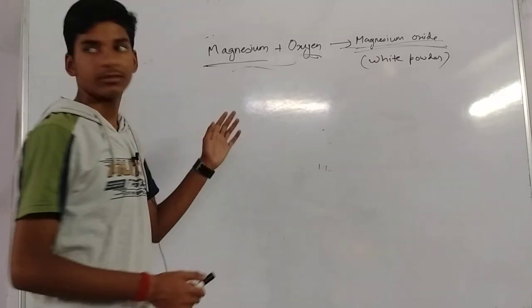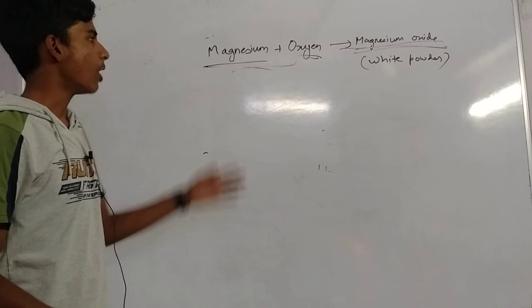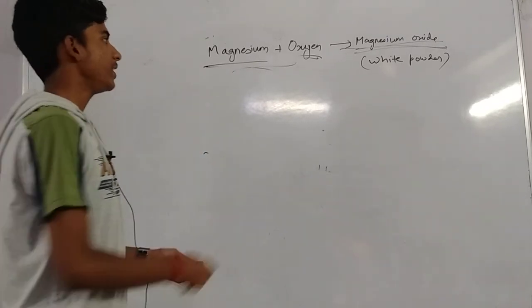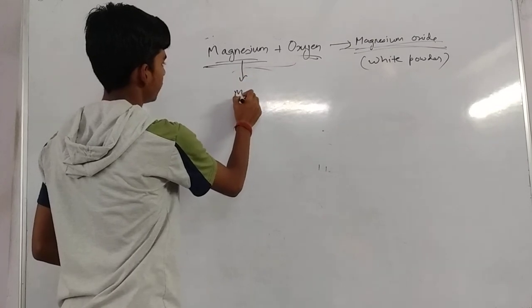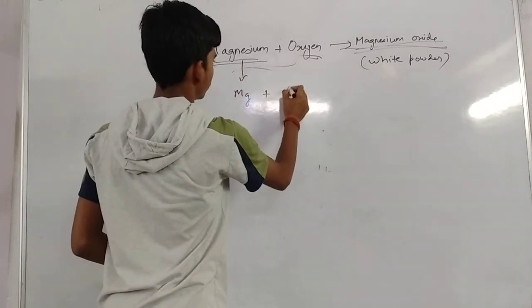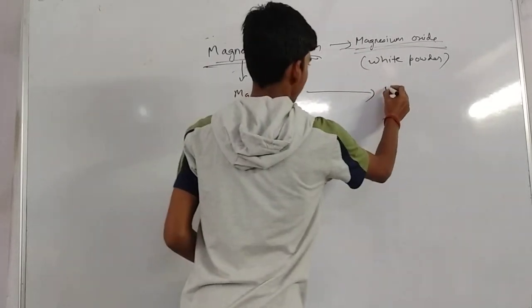Now, this seems too large to write. So how to make it shorter? We can make it shorter by writing their symbols. Magnesium we can write as Mg, oxygen as O2, and magnesium oxide can be written as MgO.